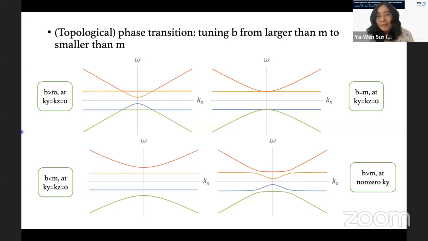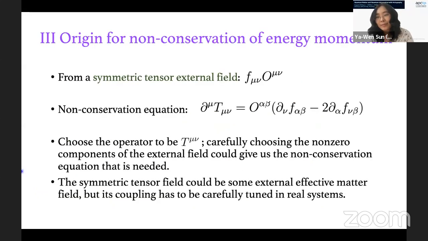Up to now, let me summarize a little bit what we have done. So we have seen that for relativistic hydrodynamics, there are four hydrodynamic modes in 3+1 dimensions, and they have a crossing at omega equals k equals 0.